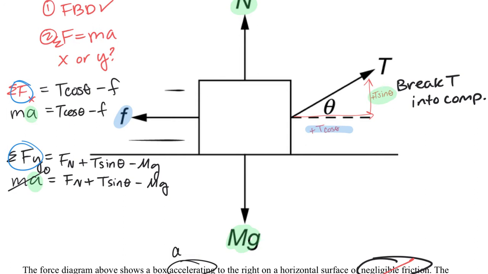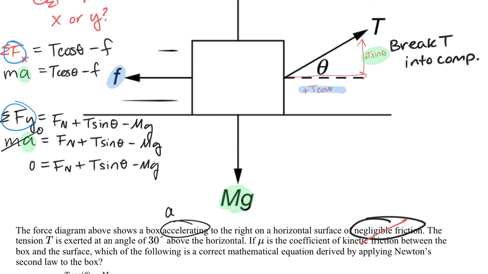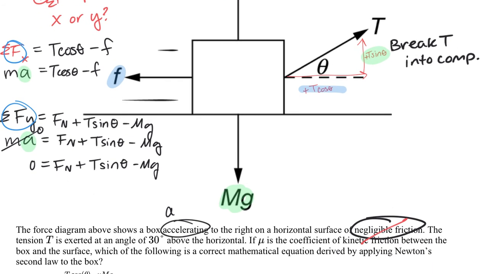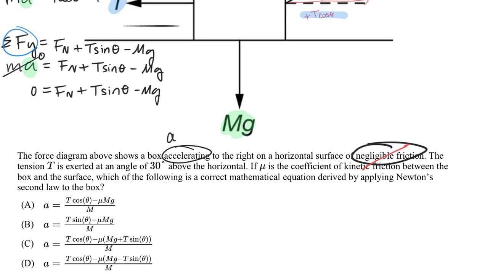And from here, we can rewrite our equation. Force normal plus T sine theta minus mg. So let's just keep this in our pockets real quick, and I'm going to continue elaborating on my forces in the x direction. By looking at my multiple choice problems, I know that eventually I'm going to have to solve for acceleration.